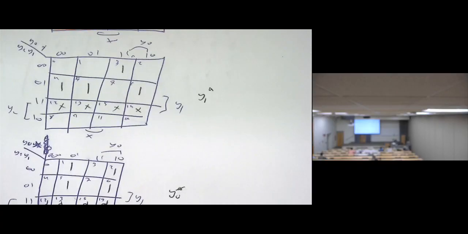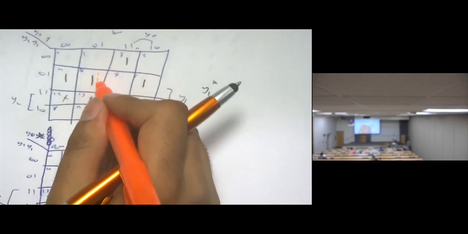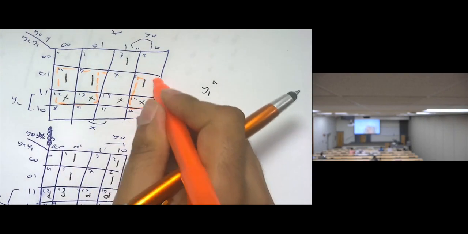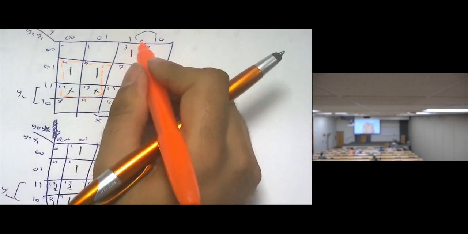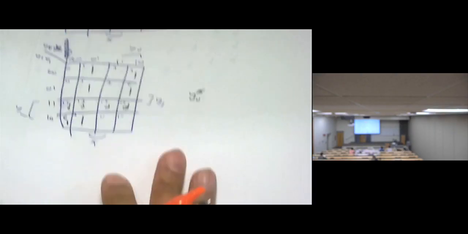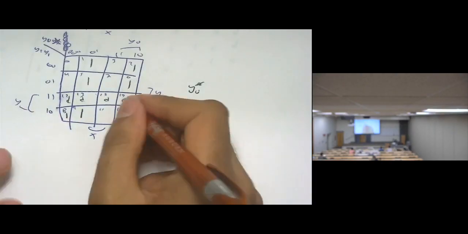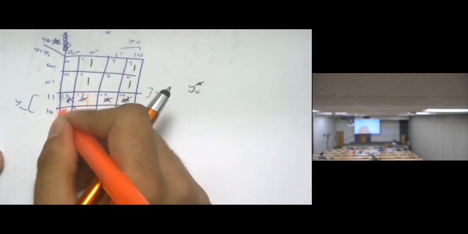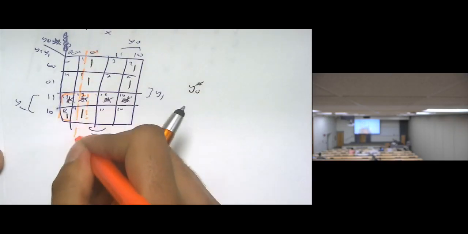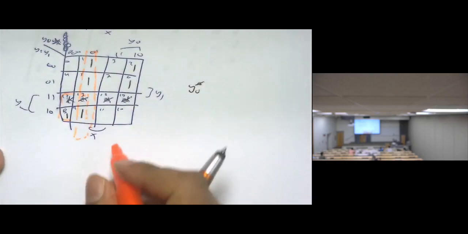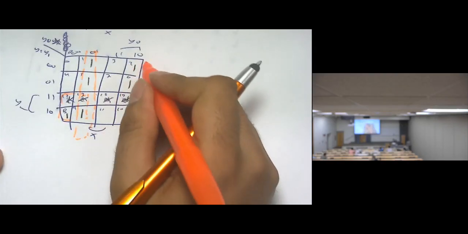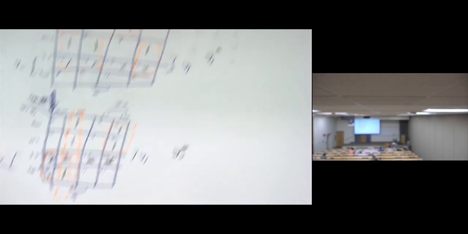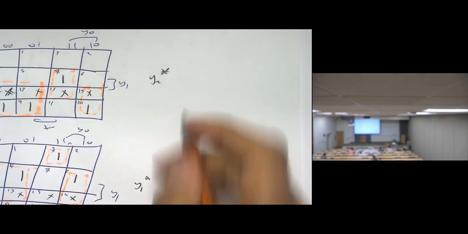How about this? Group of 4, is there a way? Yes. Group of 2, here. How about this one? It is isolated. Okay, how about this? Here, X or don't care, they are the same. Group of 4? Yes, here and here. Here, can I make a group of 4? No, there's a group of 2. Okay? Now, let's write the equations.